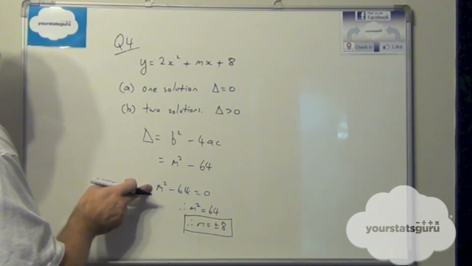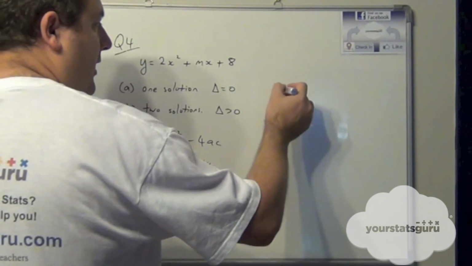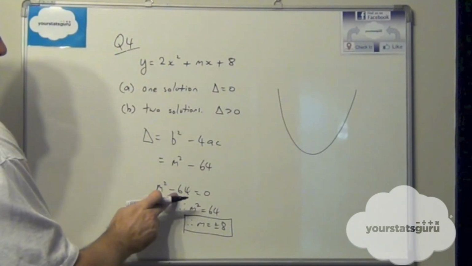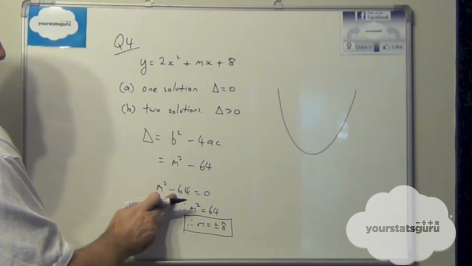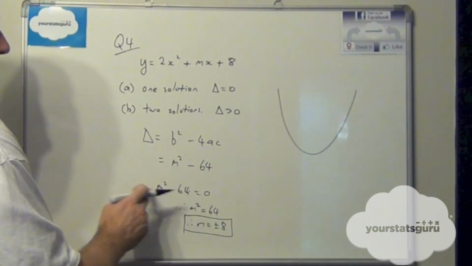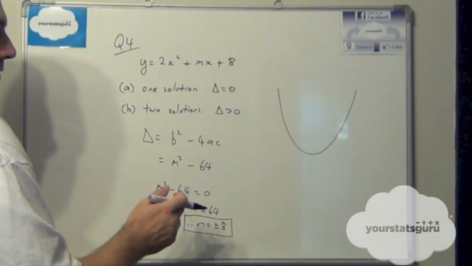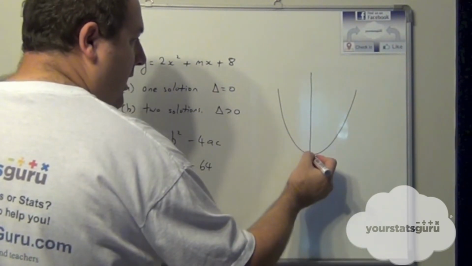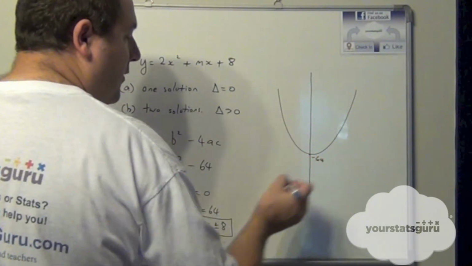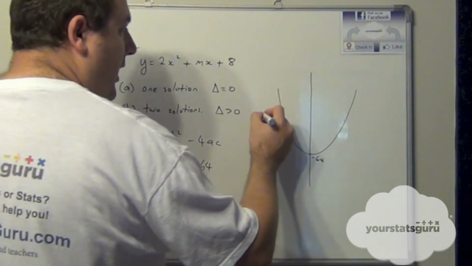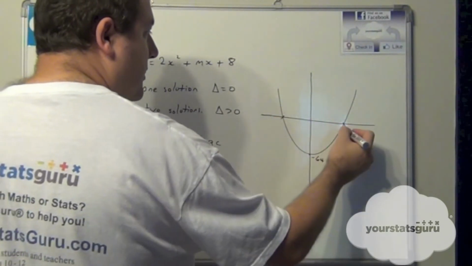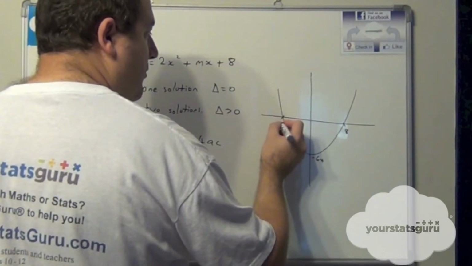And being a happy face quadratic, that means it's going to look like this. We know that it's vertically shifted down 64 units. There's no horizontal shift at all. So it will have a y-intercept of negative 64. And it will have two x-intercepts, which we've just found in the previous question, of 8 and minus 8.